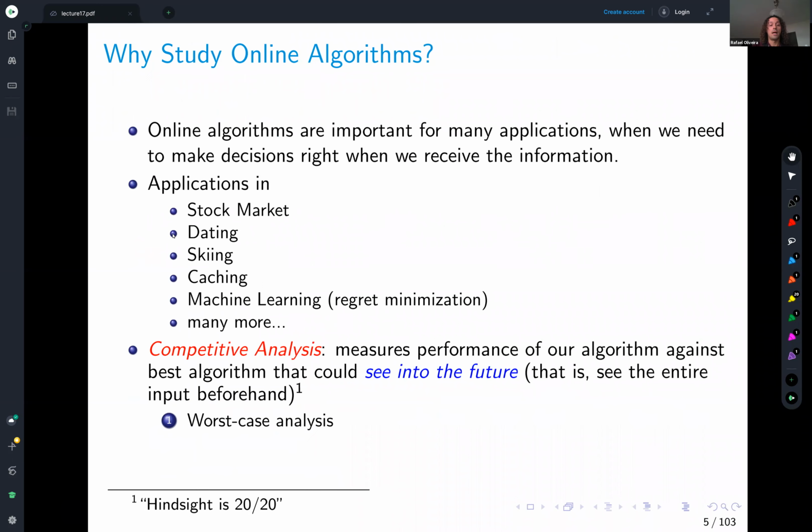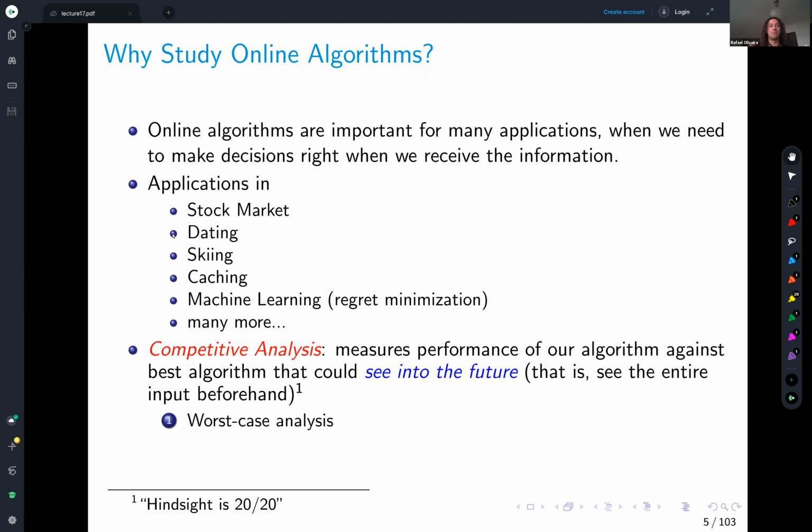And here, as we're going to see, it doesn't make sense to say, I want my algorithm to have a worst case analysis in the same way that we had for our deterministic or randomized settings. Why is that? It's because it could be the case that for a particular online input that we cannot see all the way, no algorithm will do well with respect to that input sequence. All the algorithms will fail really badly.